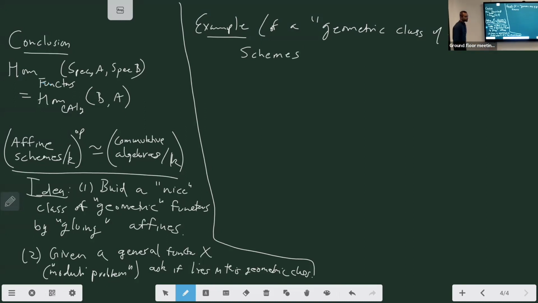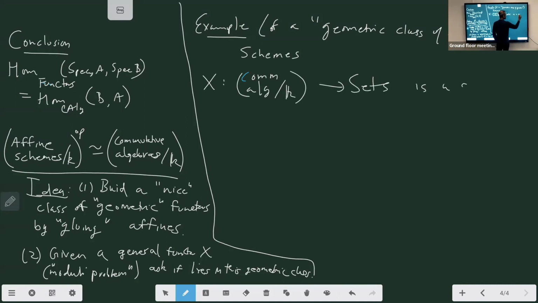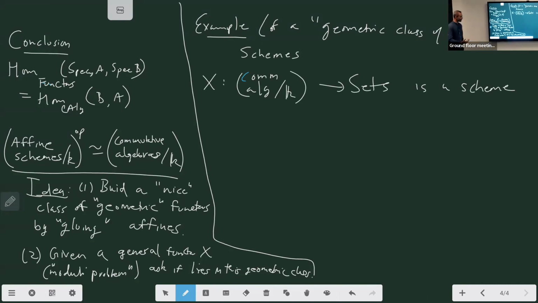So what are schemes? Schemes are functors X from commutative algebras over K to sets. It is a scheme, not an affine scheme, but a scheme, if it is glued from affine schemes in a very specific sense.